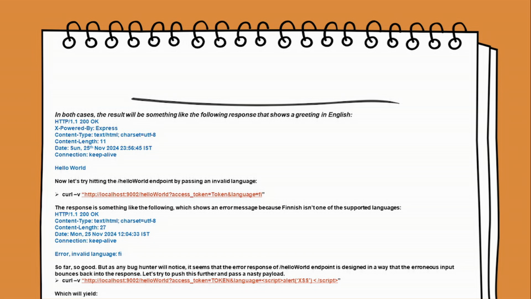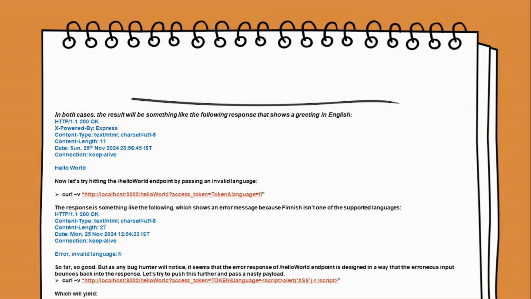Let's try to understand this more by passing a nasty payload. So let's see here, curl -v, then you have the localhost address with the helloworld query access_token=token, and then language is equal to some nasty payload. That means you are putting a script alert, a cross-site scripting payload.